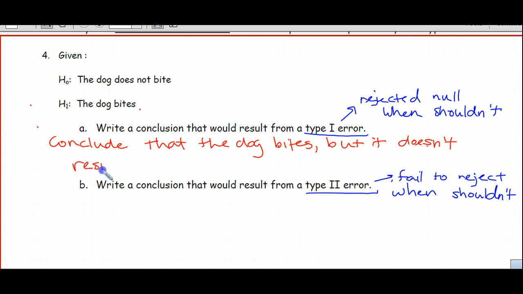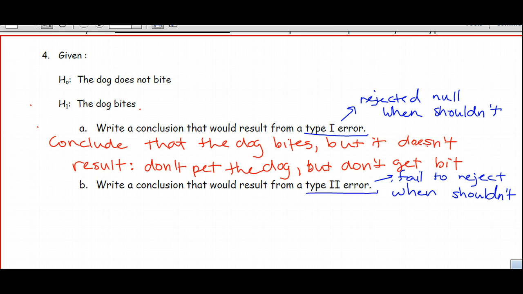And the result, in this case, if I assume that the dog bites, I don't pet the dog. I don't pet the dog, but I don't get bit. So that seems a safe way to go.